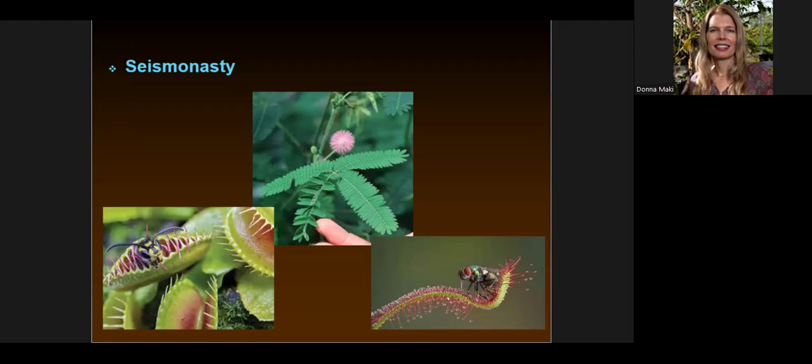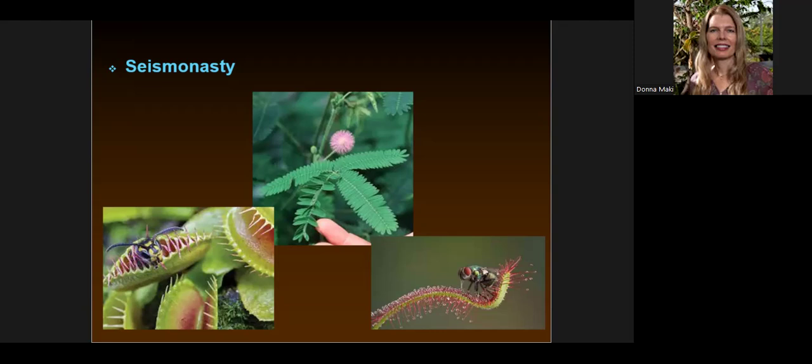There's all these little trichomes that are called trigger hairs. If the Venus flytrap gets two trigger hairs touched within 20 seconds, it'll close. So that's why they say plants can count, because they can tell the difference between a twig that doesn't move and something that's moving and touching their trigger hair.